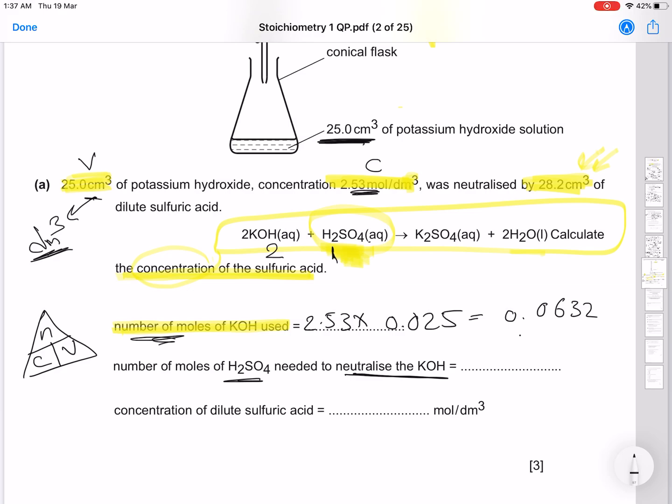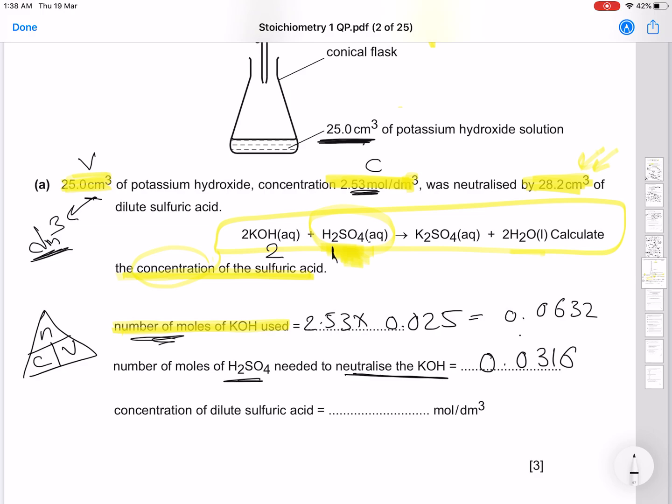If I divide that by 2, it will be 0.316.